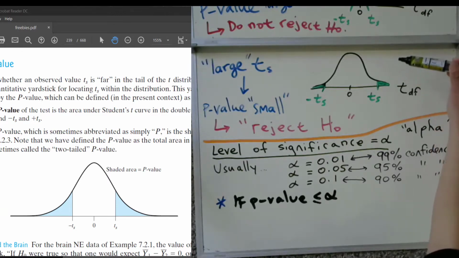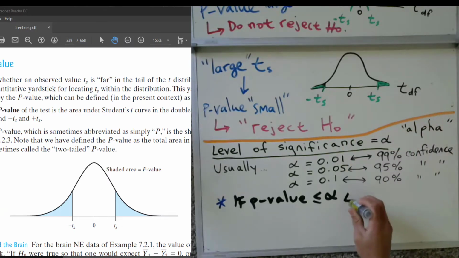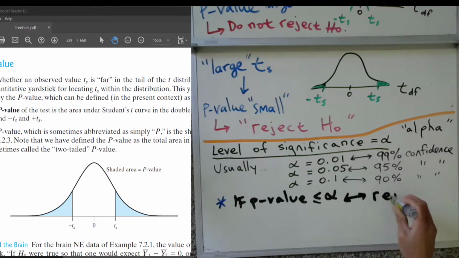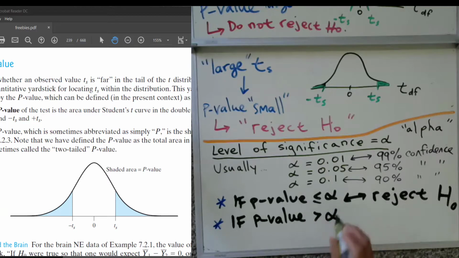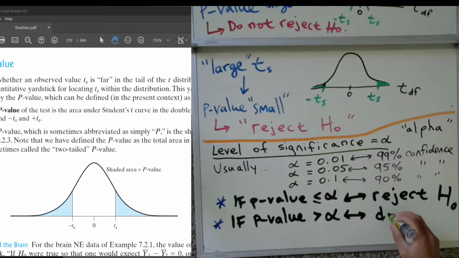A big difference was observed, indicating the data suggests that we reject the null hypothesis. On the other hand, that's really the only one I remember because this next statement I'm going to write is just the opposite. If the p-value is greater than alpha, then the data suggests do not reject the null hypothesis.